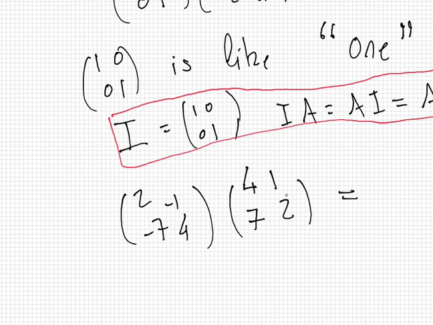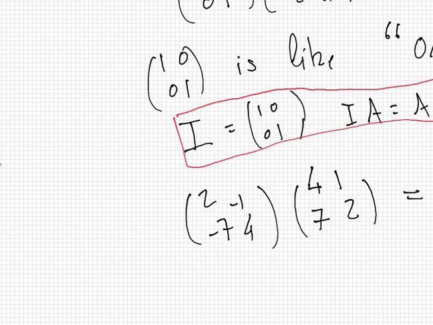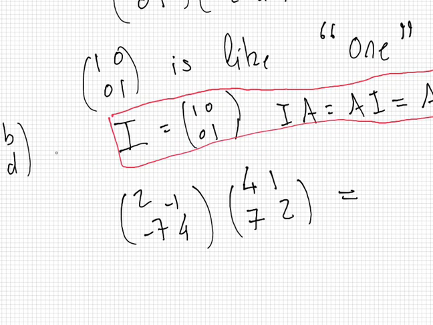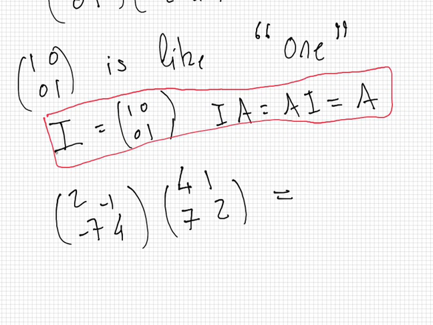Maybe I should be a bit clearer: A is any 2 by 2 matrix. Usually in maths we use big letters for matrices and small letters for single numbers. Okay. So what do we get here?